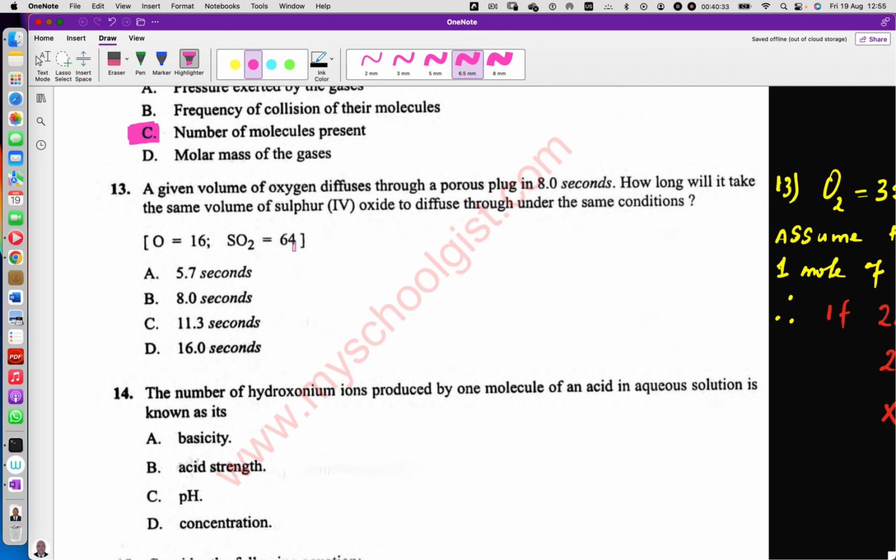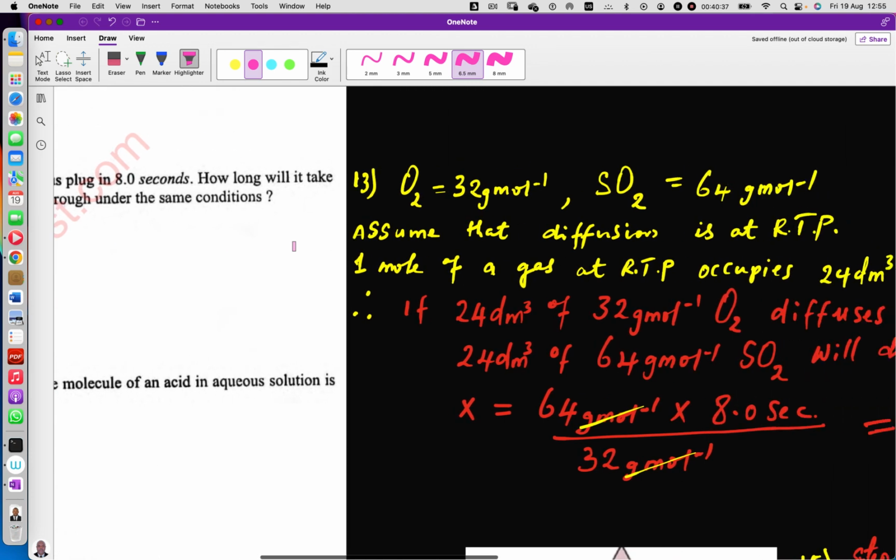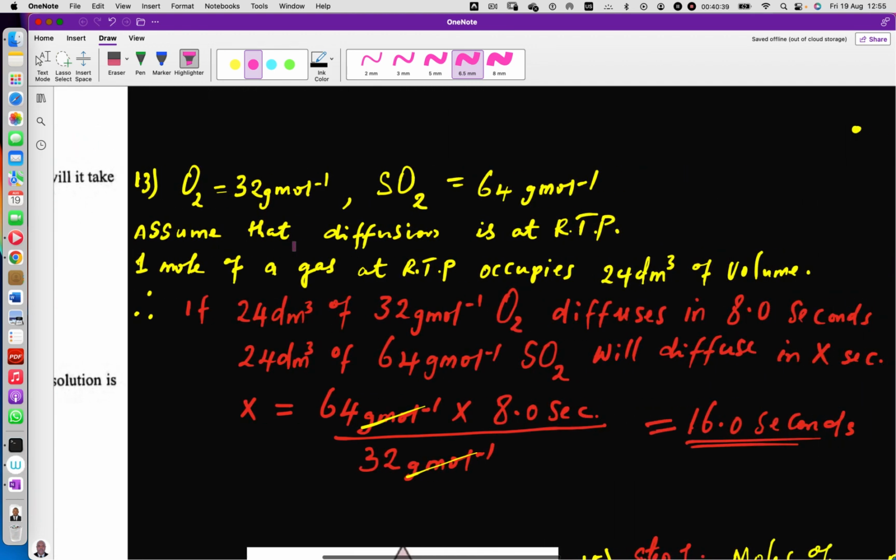So now, let's see our calculations. It should be recalled that oxygen is 32 grams per mole. Sulfur dioxide is 64 grams per mole. Assume that diffusion is at room temperature and pressure.